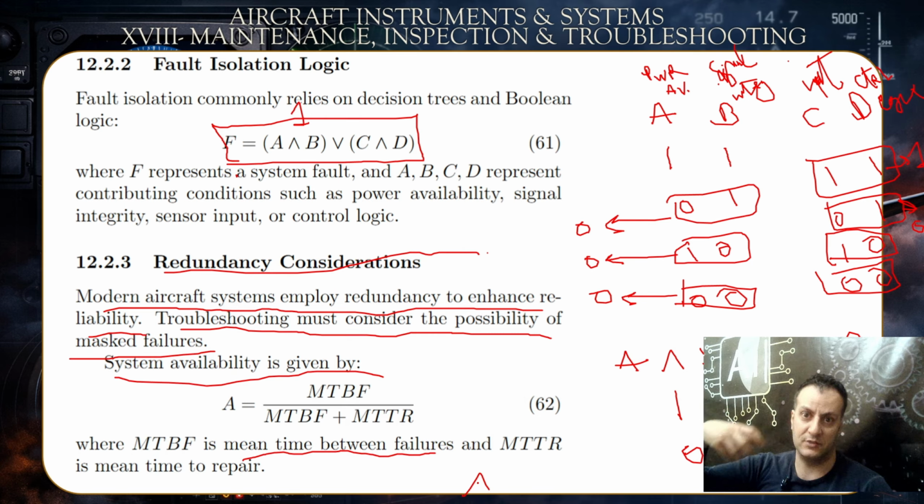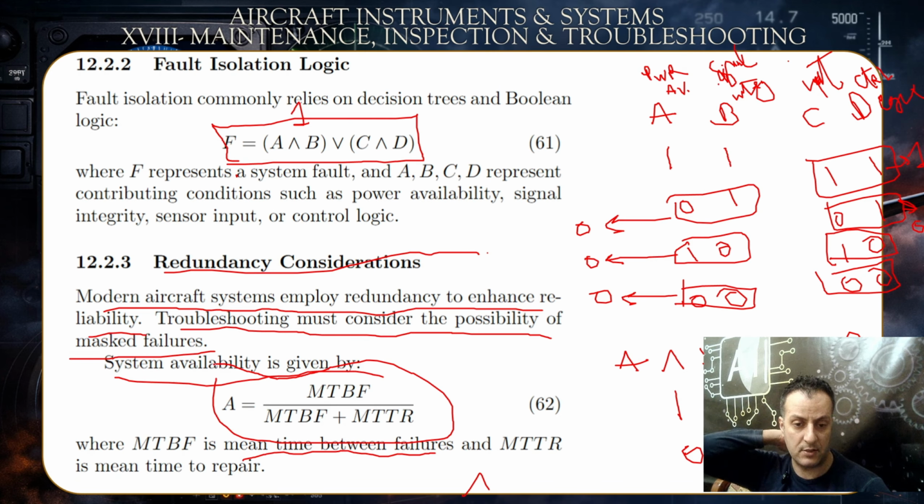I'm talking about during the flight, to troubleshoot and fix the defects based on their capability in the air. This would be measured by this equation. In order to have an available system, this ratio should be as small as possible.